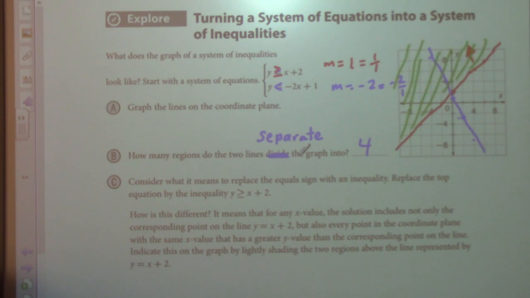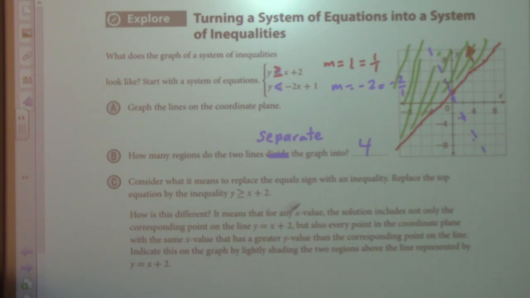Do we have a solid line? We have a dashed or dotted line. So what I'm going to do is change that. I'm going to go here to my eraser and just turn it. Does that turn that into a dotted line? Kind of a dashed line. Okay, good.